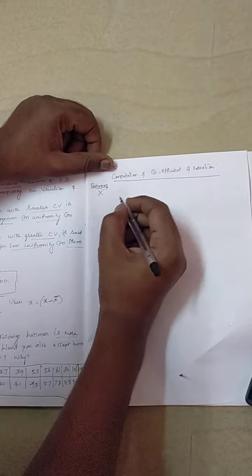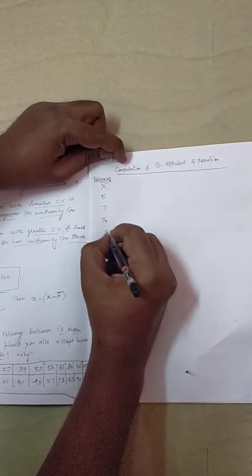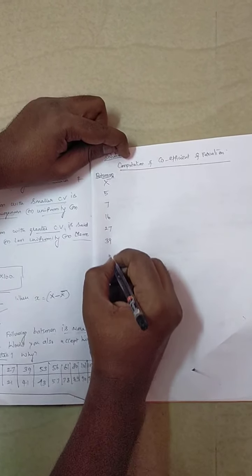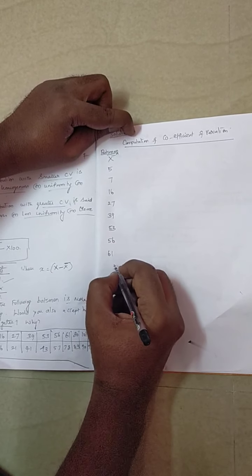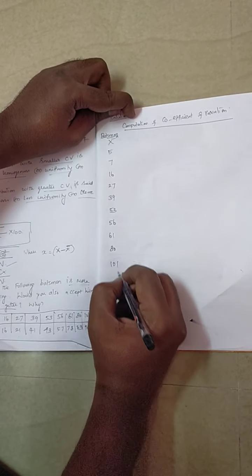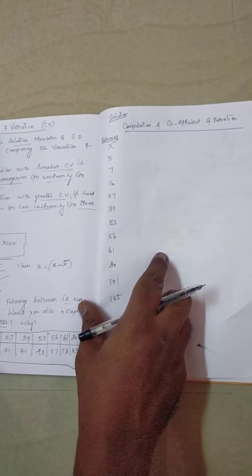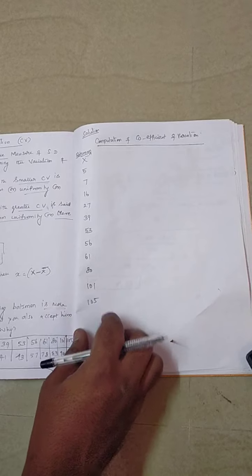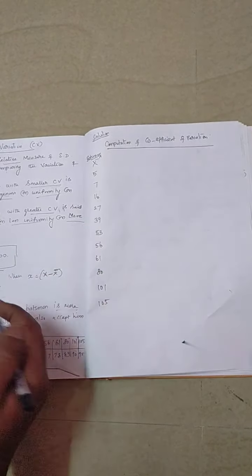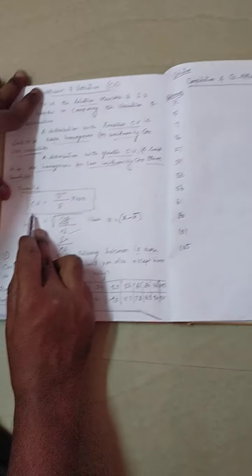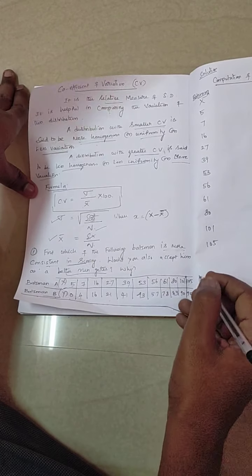X score levels are 5, 7, 16, 27, 39, 53, 56, 61, 80, 101, 105. This is the score level of X. Now the coefficient of variation formula is the standard deviation divided by x bar, multiplied by 100.